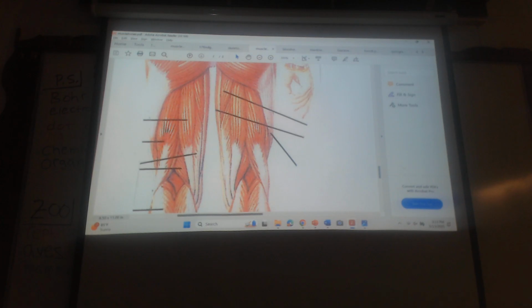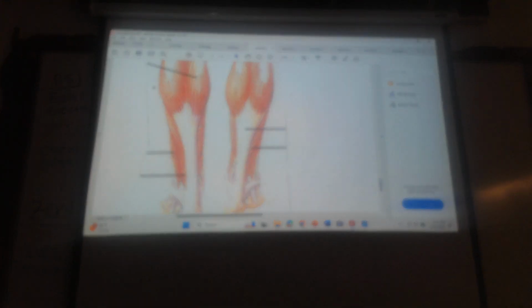I understand that. Okay? Then what is this muscle right here that would, let's say, raise the leg or your foot up? You don't need to know the action. Soleus.